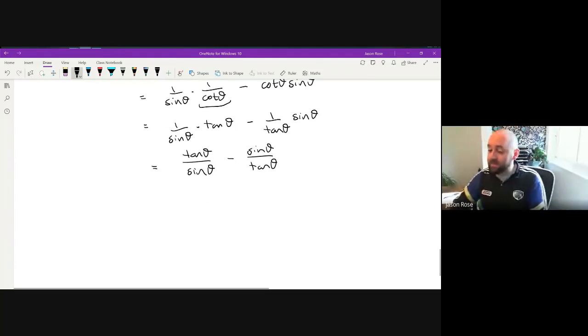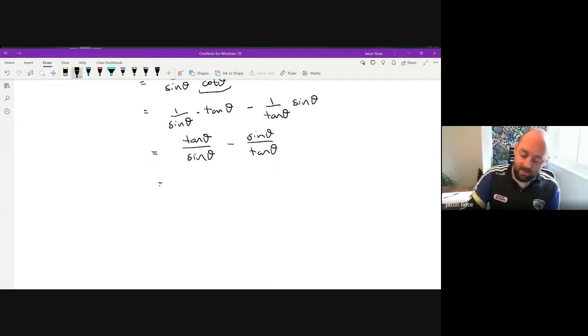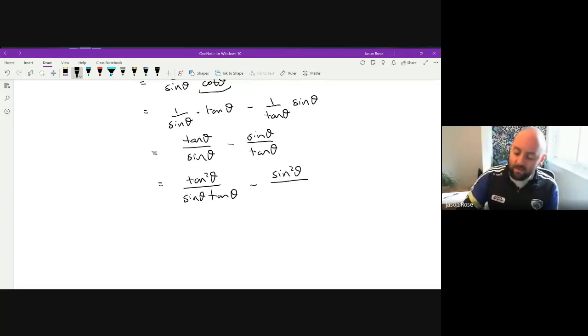Maybe your next step is to get a common denominator, and it's to say, so this is going to be tan squared theta divided by sine theta tan theta minus sine squared theta divided by sine theta tan theta.